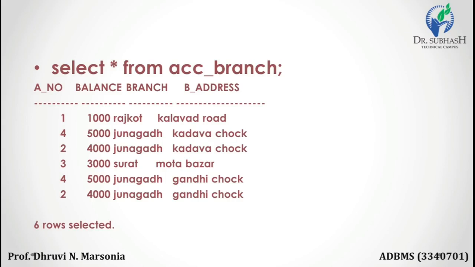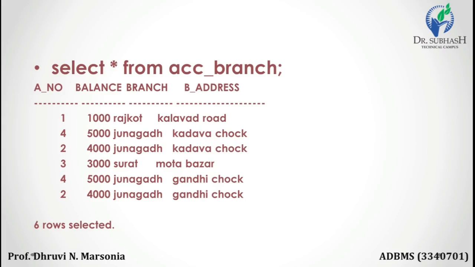But this is the cross product or join of the two tables. So in multiple base tables, we get a join operation of the two tables, depending on our select query and where clause.